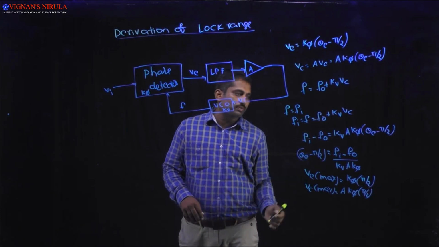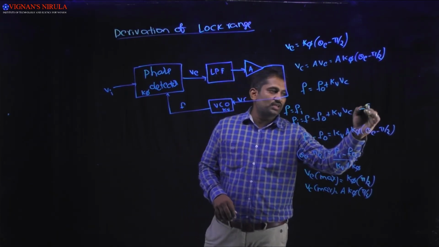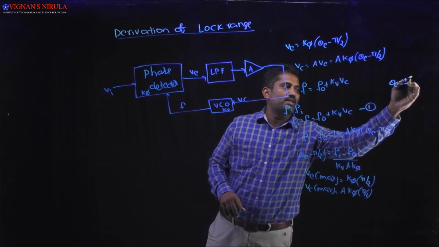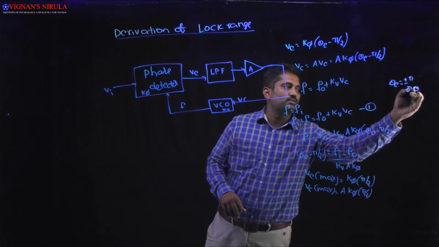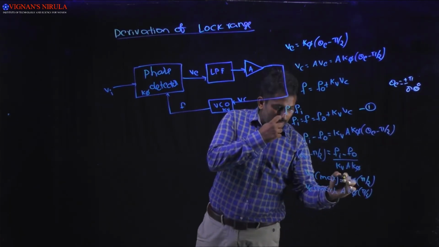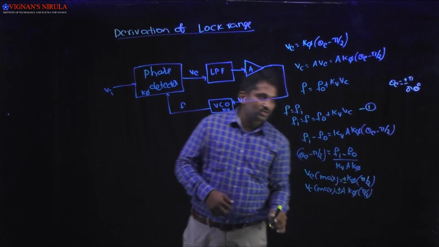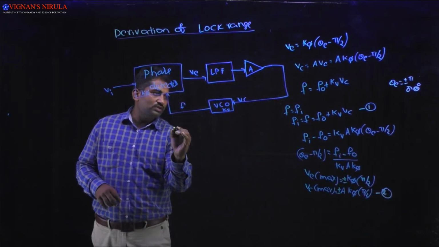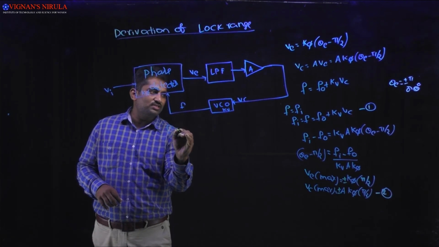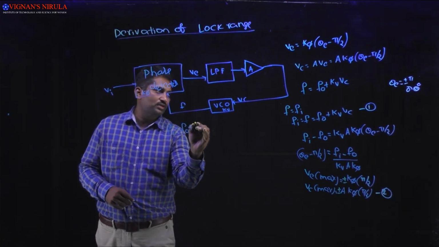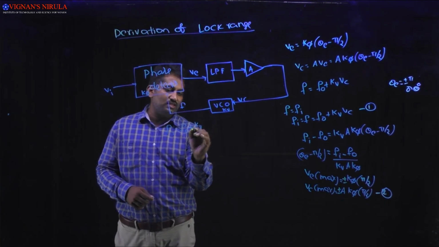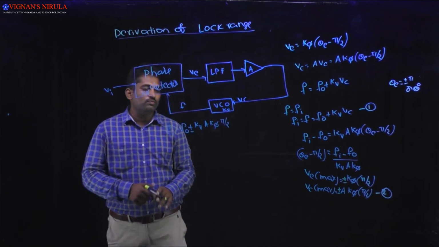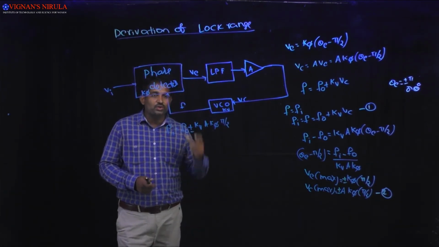Substitute the maximum values of Vc in this equation, which is equation number 1, where theta e will be equal to plus or minus pi or 0 degrees. So substitute this Vc max in equation number 1. Now it will be rewritten as fi is equal to f0 plus kV into Vc max, which is plus or minus A into K phi into pi by 2, so kV into A into K phi into pi by 2.